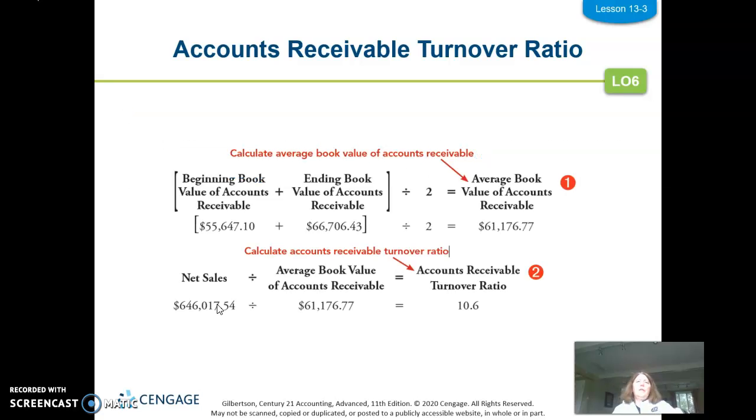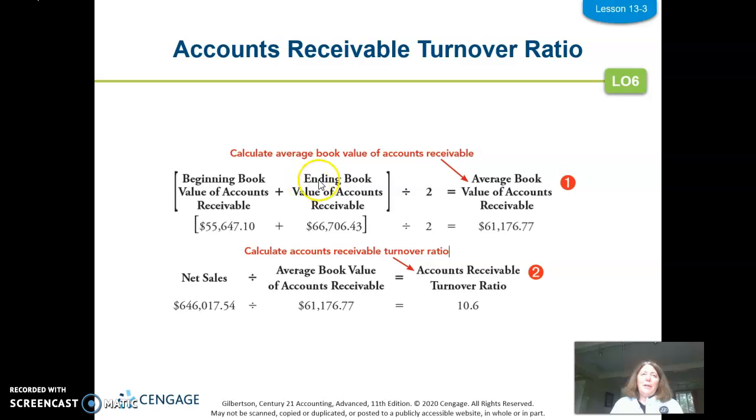So if you look at the actual calculation of AR turnover, you'll notice that to do average value of AR, we take the beginning and the ending, which both come from your balance sheet, to come up with what the average was for the entire year. And then we take net sales, which comes from the income statement, and divide it by that average book value of AR to get AR turnover ratio.